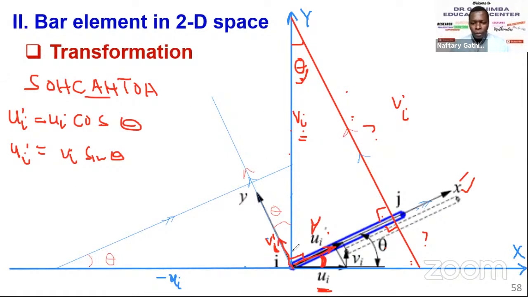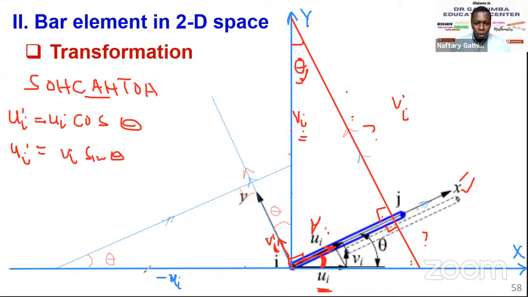So now with this triangle, without even doing much, you can resolve, like we want to resolve this v prime i in the horizontal axis. So we know we have this angle, theta, and this is right angled here. So we have the opposite, which is v prime i, and we have the hypotenuse, negative u i.